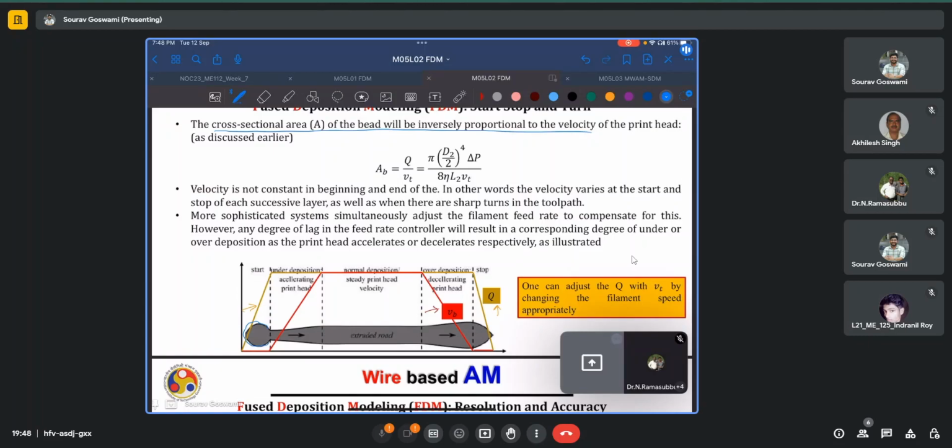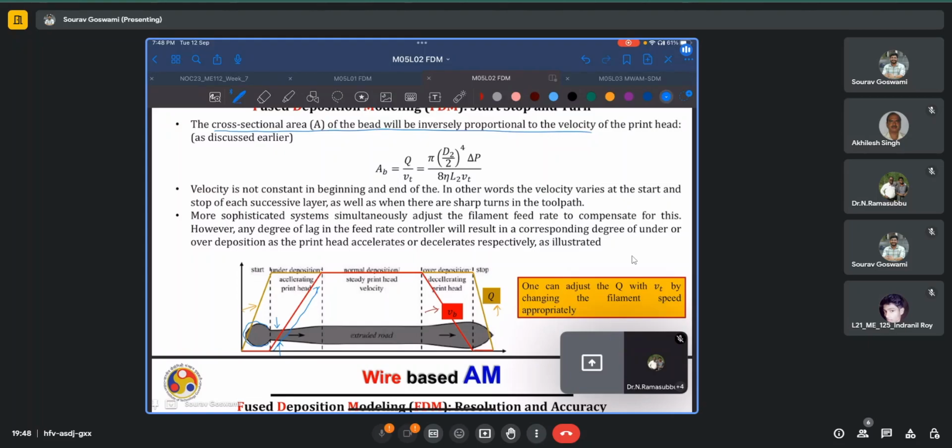Now, once the XY motion of the deposition head gets activated, initially it will accelerate from 0 to the desired velocity. Because of this acceleration, while keeping the volume flow rate or the mass flow rate of filament constant, initially there will be a decrease in the cross section of the bead or the road which is being deposited.